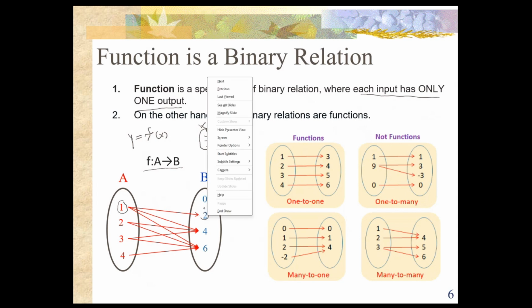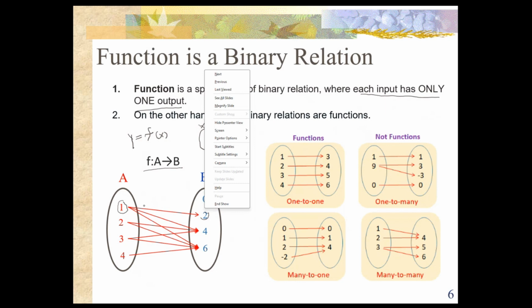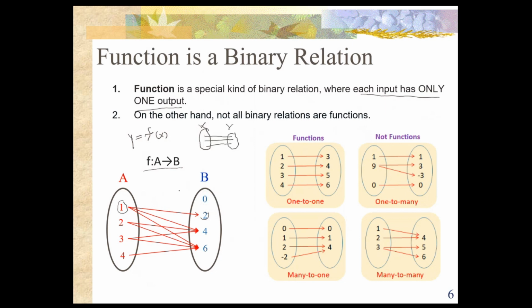But in this case, obviously, it is not mapped to one output, but multiple outputs, because you see, from 1, it maps to 2, it also maps to 4, it also maps to 6. So this example is not a function.